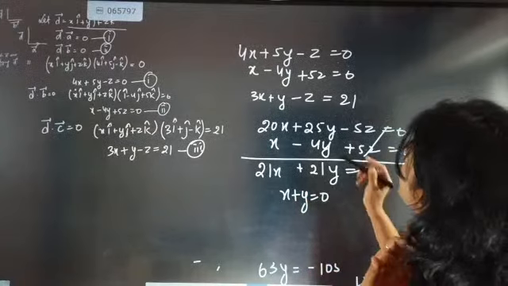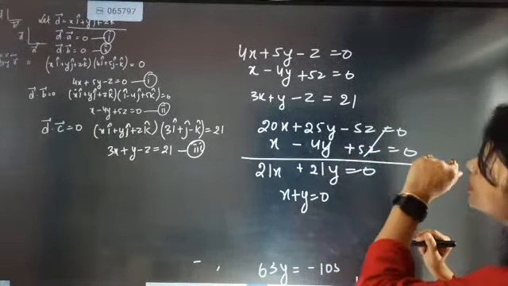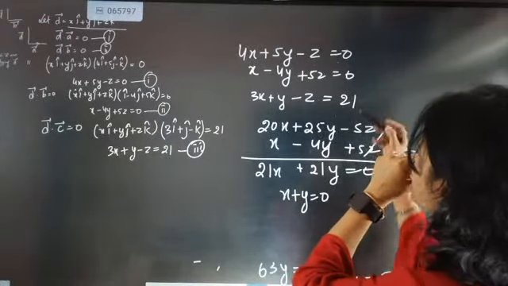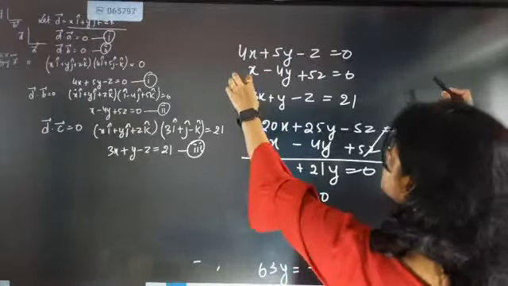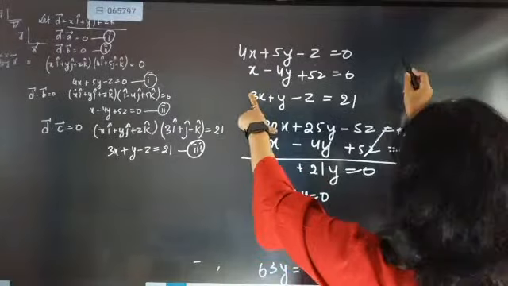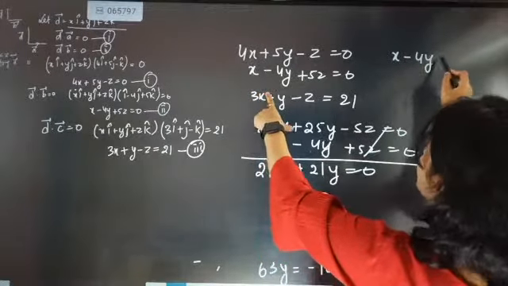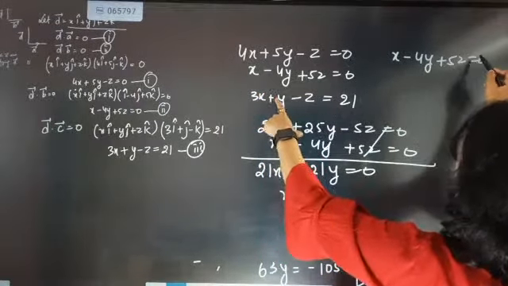Once I got x plus y equal to 0, one last shot is needed. I am going to go with these 2. Again I am taking that risk of going with these 2. They are exactly problematic for me. x minus 4y plus 5z equal to 0.